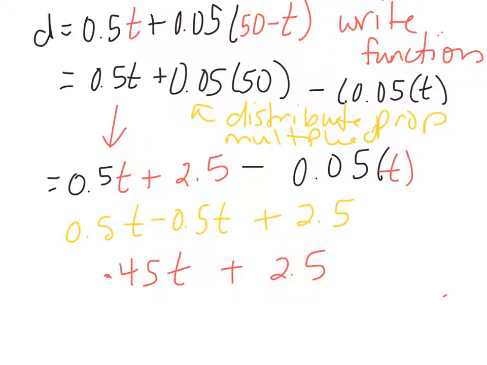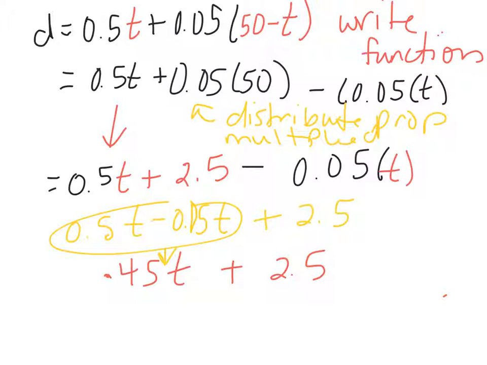Left out my 0 there. Plus 2.5, and as a result of this, we end up with 0.45t plus 2.5.